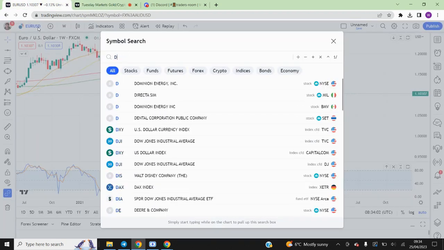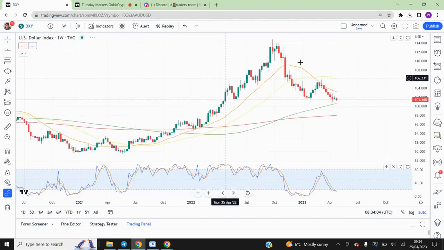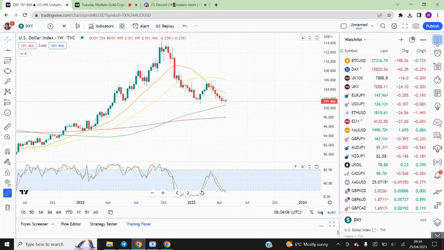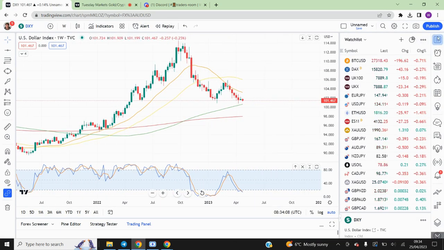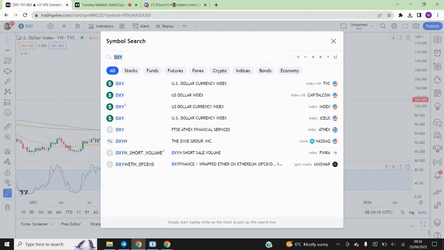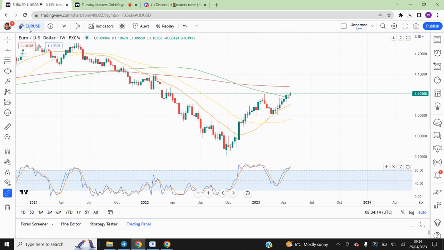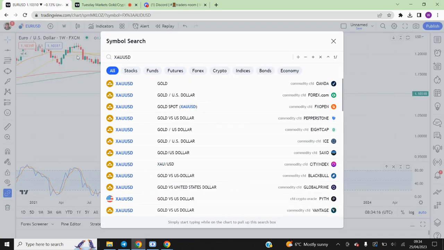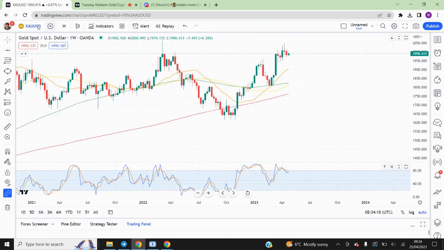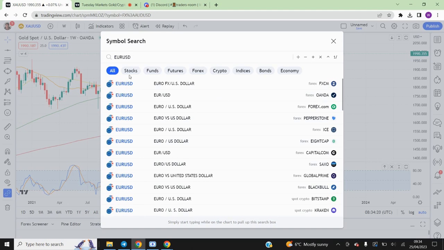The problem is when you start to link all these things together, you will just get confused. Deal with them absolutely separately. With euro dollar and gold, you don't need to think about the correlation, and the Dixie is basically the euro dollar anyway, but flipped over.